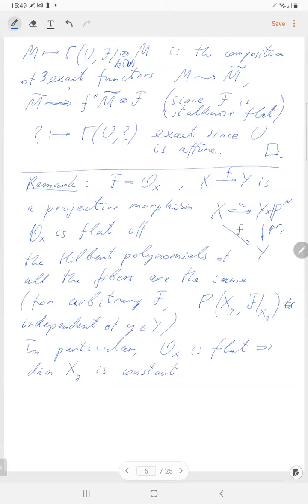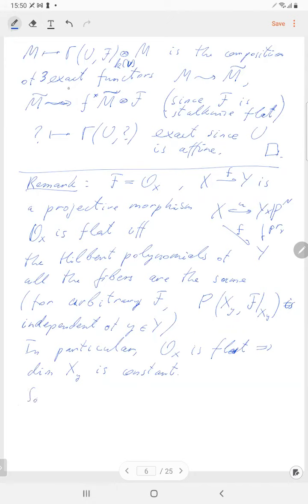Why is that? Because we know that the dimension of the fiber is the degree of the Hilbert polynomial. So if the Hilbert polynomial is independent of the point in the base, then in particular the degree is independent, so the dimension is constant.